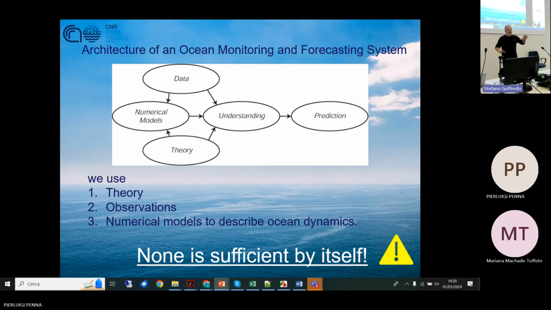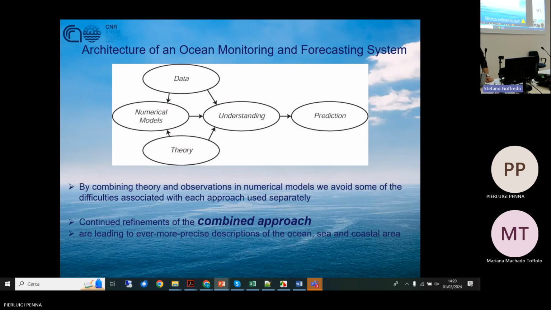Satellites to measure chlorophyll, I think billions of euros. Okay, I'm joking, but theory, observation, and numerical models to discover the sea must be integrated. And none is sufficient by itself.